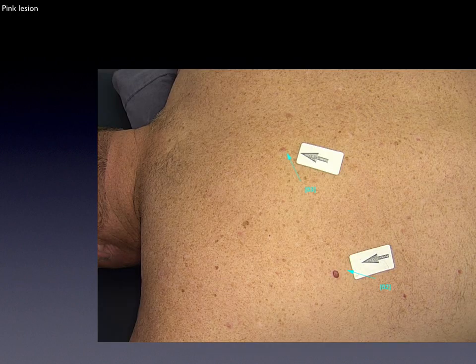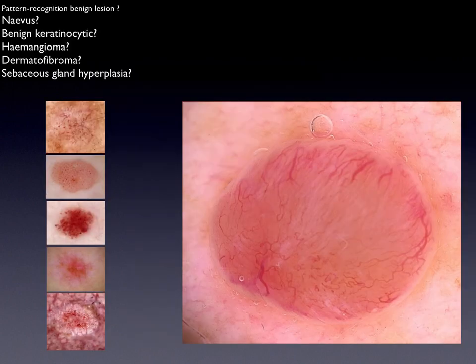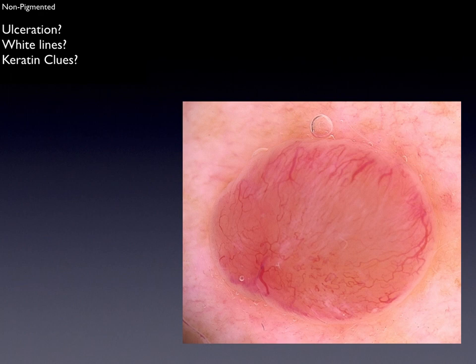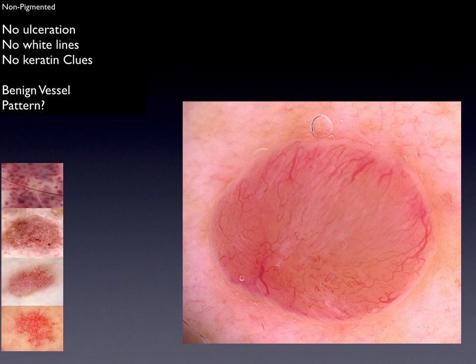Now we're looking at this pink lesion O2 in the lower part of this photograph. And we cannot call this one of the 5 common benign lesions, so we put it through prediction without pigment. There is no ulceration, there are no white lines, and there are no keratin clues. So we look at the vessels, and there is no benign vessel pattern present.